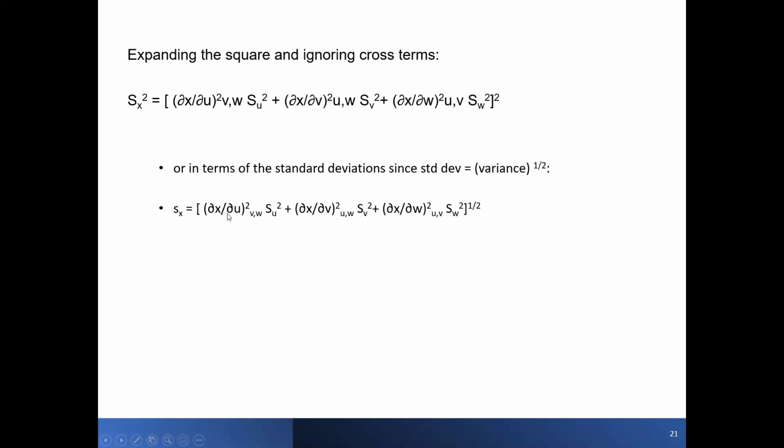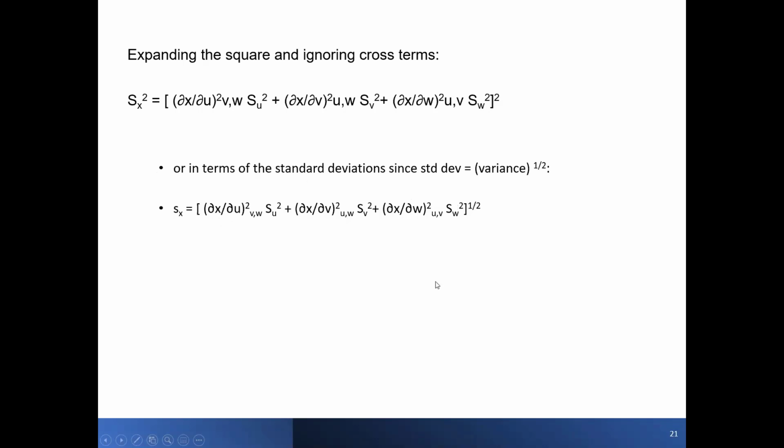And in terms of the standard deviation, since the standard deviation equals the square root of the variance, we can calculate the standard deviation just by taking the square root of that.